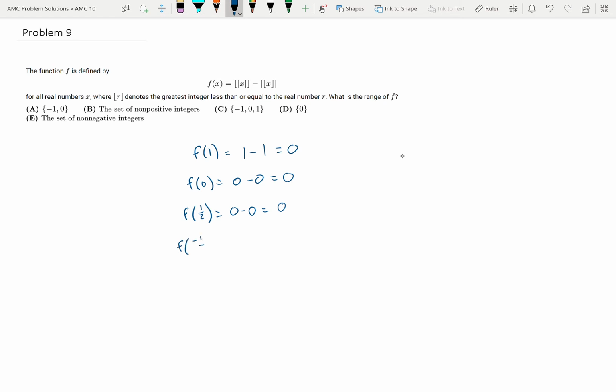And what about a negative fraction? Well, this is interesting, because the absolute value of negative a half is 1/2, and then the greatest integer less than or equal to 1/2 is going to be 0. And then the greatest integer less than or equal to negative 1/2 is negative 1, and the absolute value of that is 1.